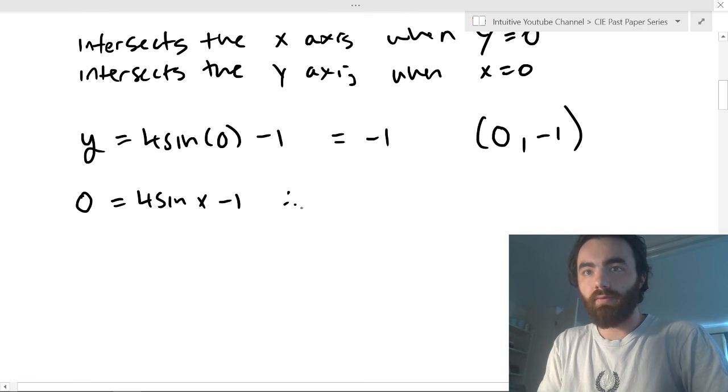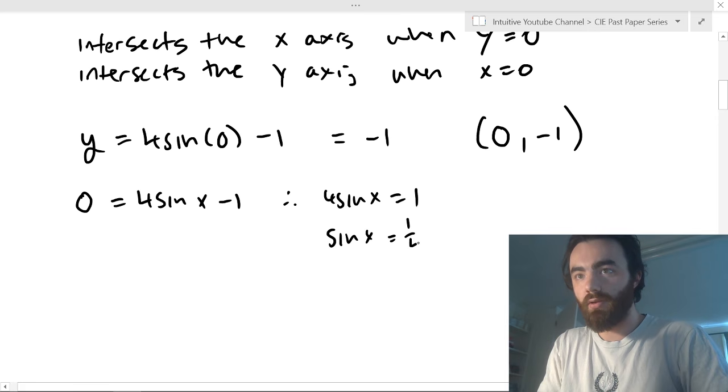Another one will be when y is 0, so that gives us 4 sine of x equals 1. So sine of x equals a quarter, and our x will be the inverse sine of that.